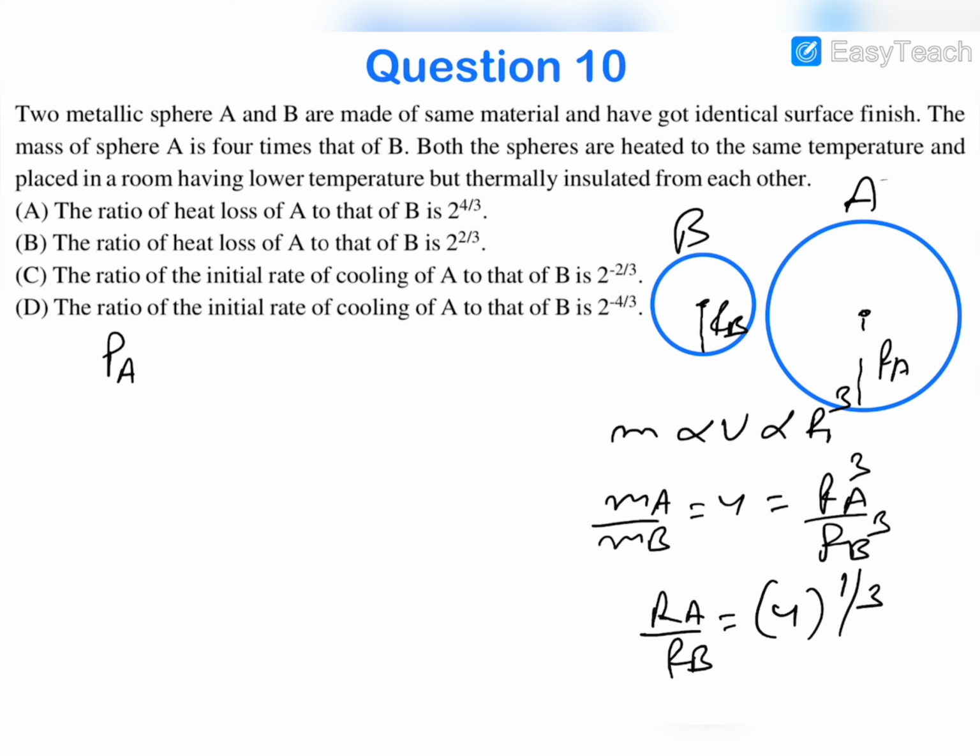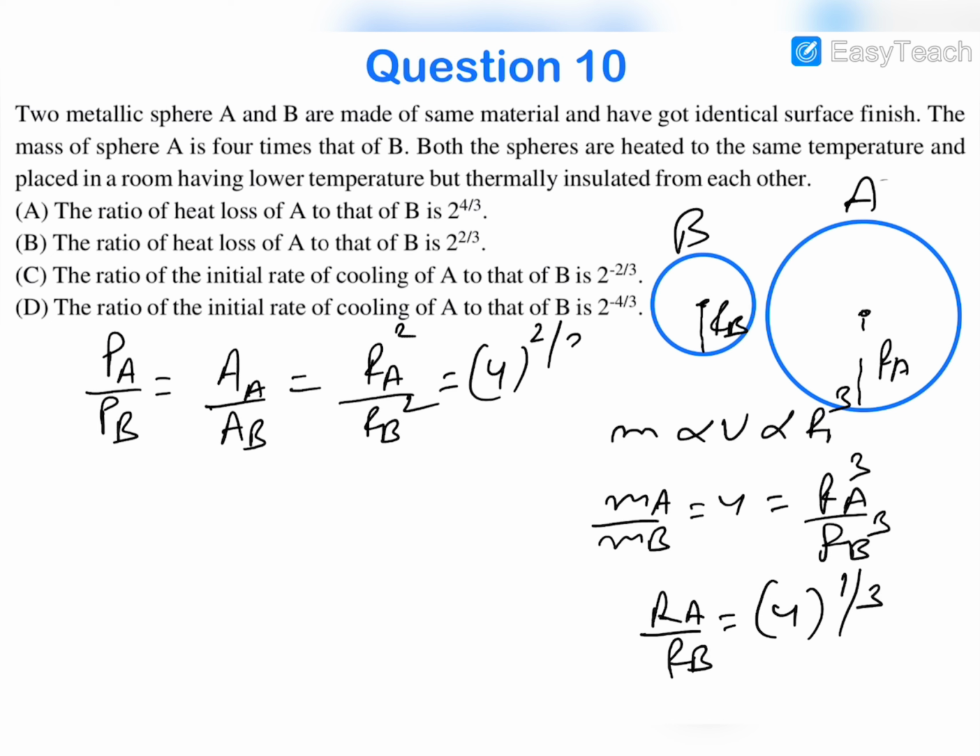So P of A upon P of B, we know that P is sigma E A T to the power 4, so it would be area of A into T to the power 4, and temperature is also the same, obviously, so it would depend on area only. So the area ratio is RA square upon RB square, which would be 4 to the power 2 by 3, and it can be written as 2 to the power 4 by 3.